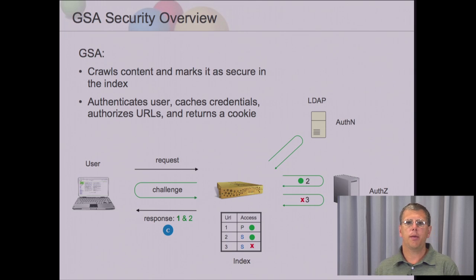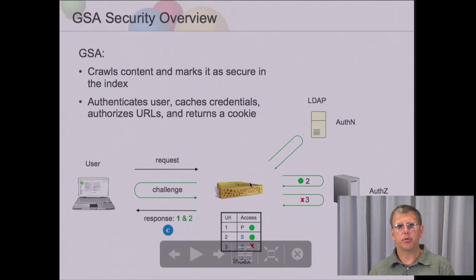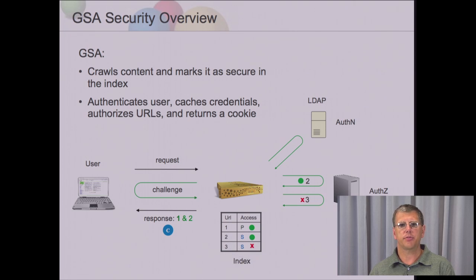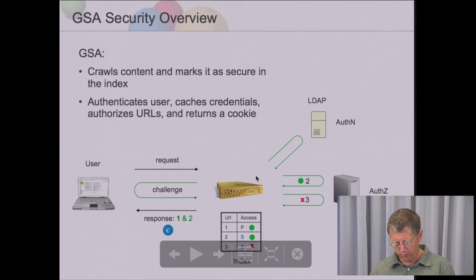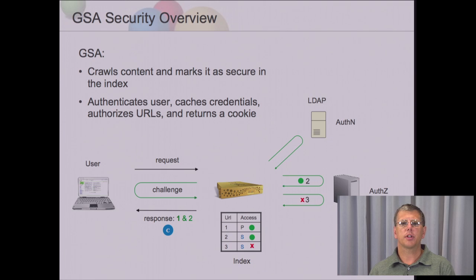The way this will happen, we'll configure in the search appliance a sample URL that every user in this system has read permissions on, and we'll tell the search appliance to send a GET request to that sample URL. If the user comes back with a 200 response from the web server, that indicates that the user's credentials were valid. We'll then say that the user's authenticated.